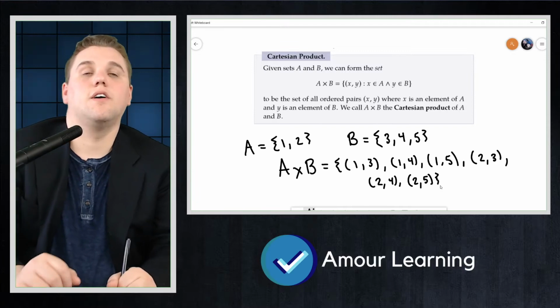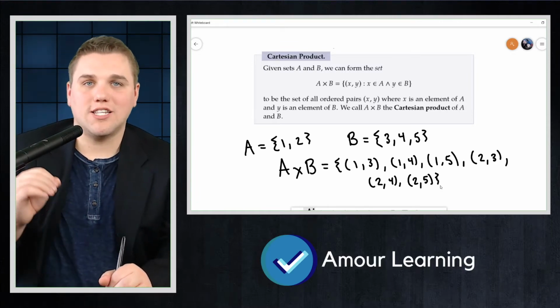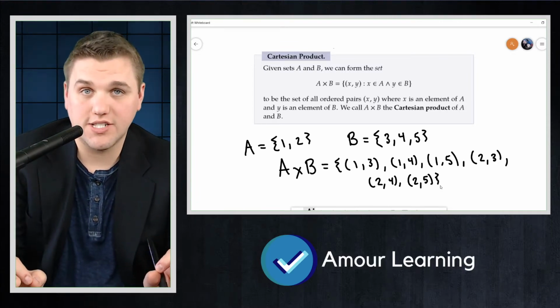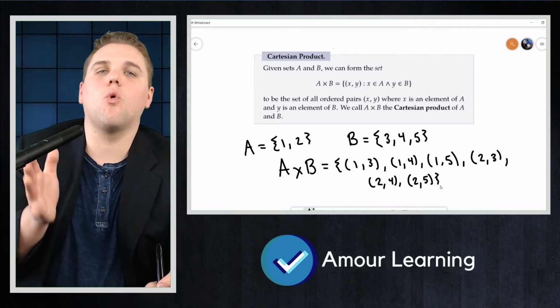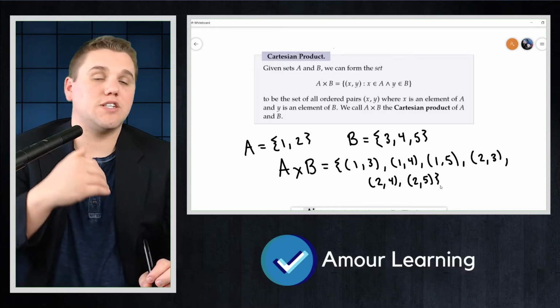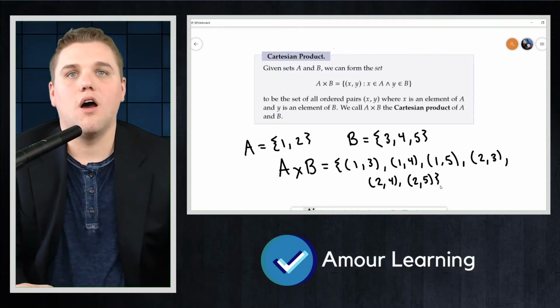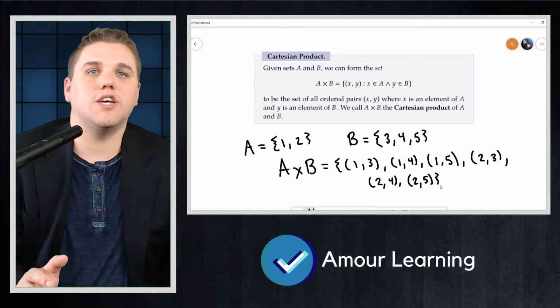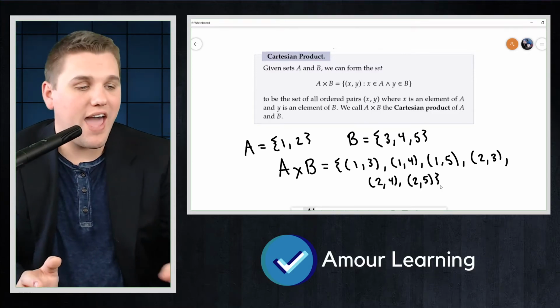And that's it. So that's A cross B. These are all the coordinates where the first coordinate is an element of A and the second coordinate is an element of B. All right, so the question is, what is the size of A cross B?